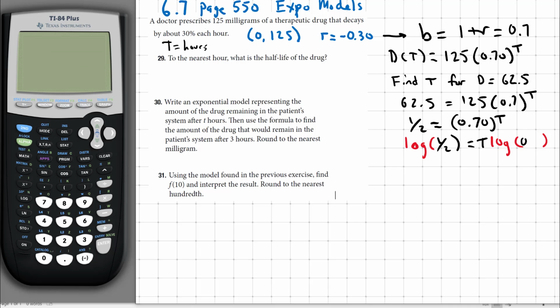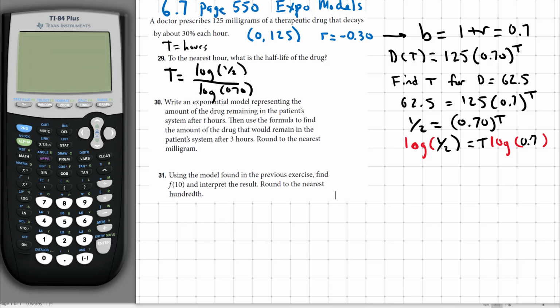I'm skipping a step here for the sake of video time. And then I can get T by itself by dividing. So I'm just going to write down the answer over here. Here's the exact value. I divide both sides, I didn't show that step over there, by log of 0.70.